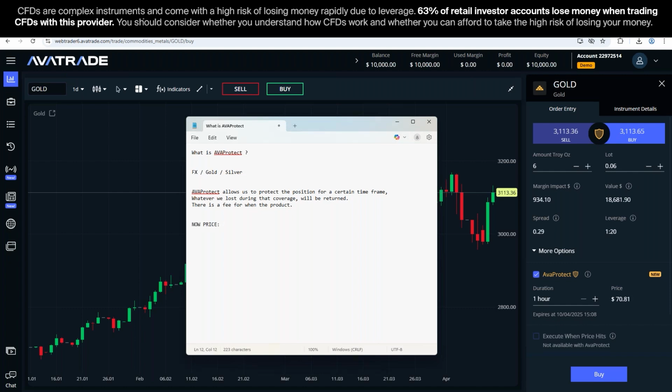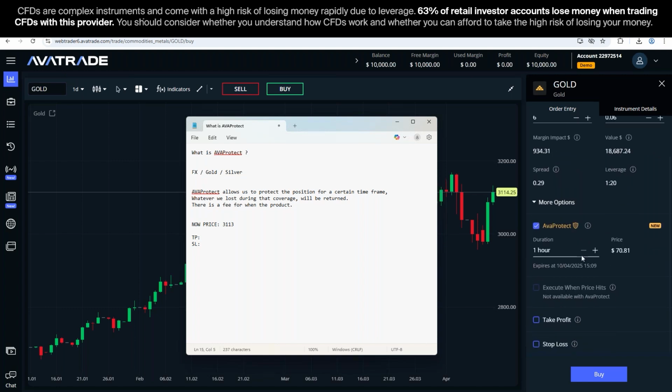Now, price 3113. We can focus on that because gold is going to keep on moving as we explain. Then we will use take profit to simulate the possible profit and stop loss to simulate the possible loss.